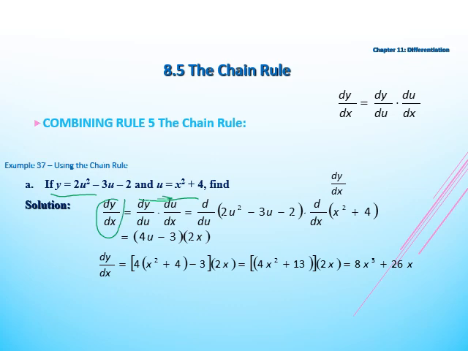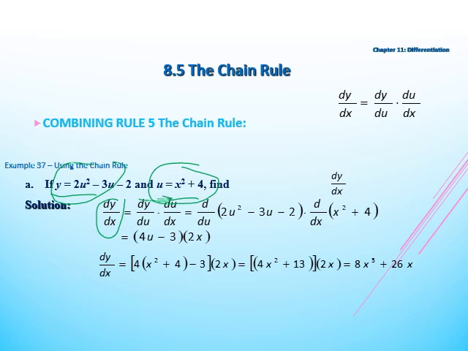So we first get the differentiation of the first function with the basic rule for derivatives, and the differentiation of the second function with the basic rule for derivatives, and then multiply the results with each other.